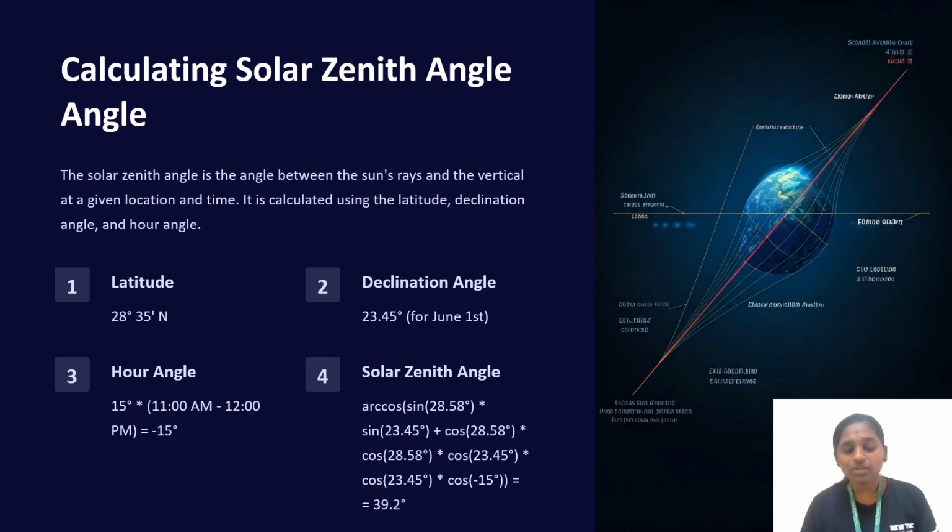It is given. The hour angle we need to calculate: we multiply 15 degrees by the difference between the given time and 12 p.m. of the day time. So this is our hour angle, and the solar zenith angle is calculated using this formula. So we get 39.2 degrees.